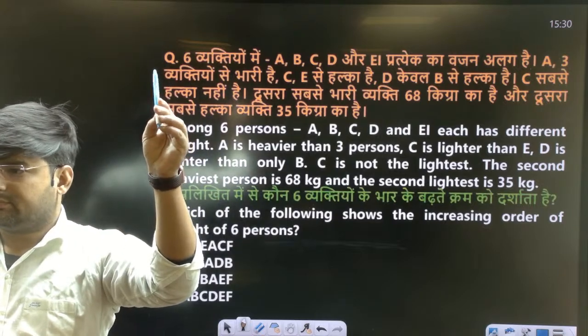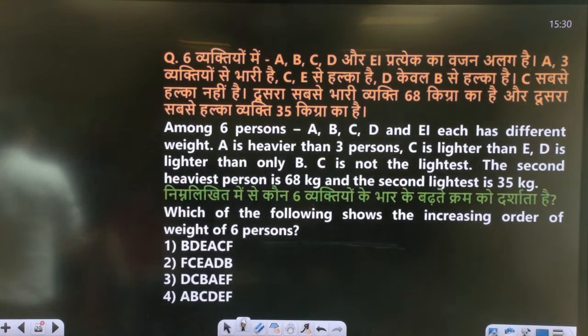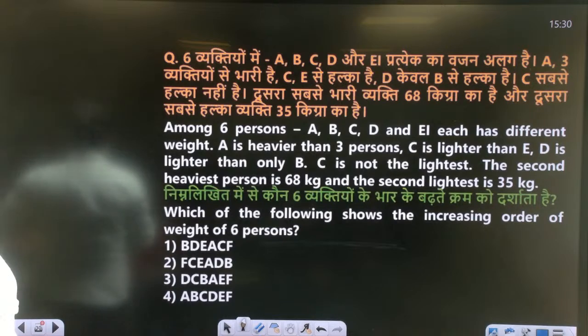Which pen? What is the answer? Is it done?